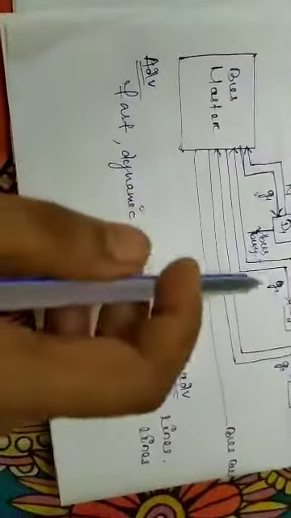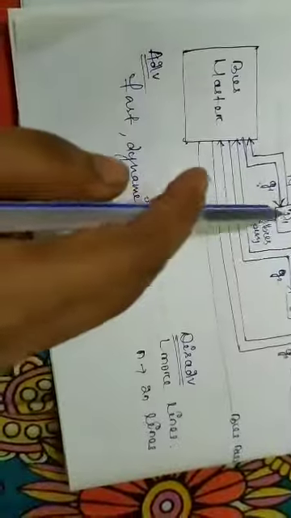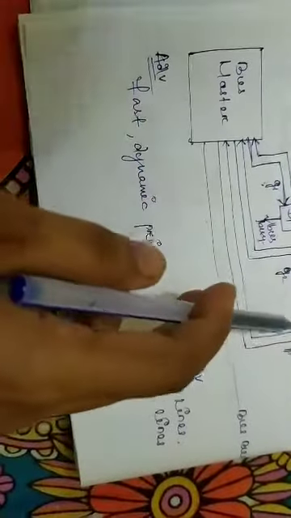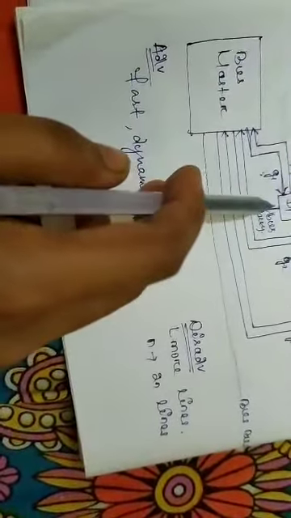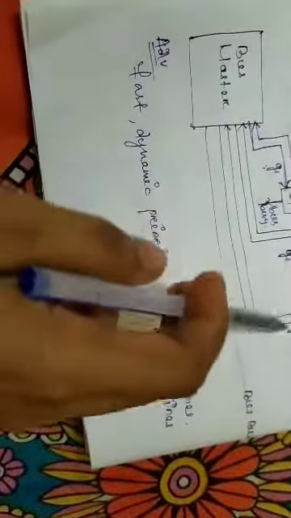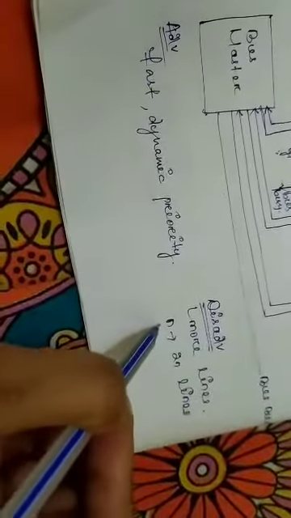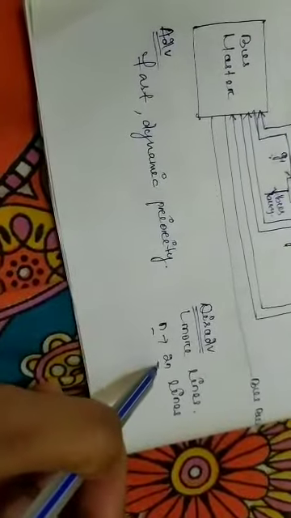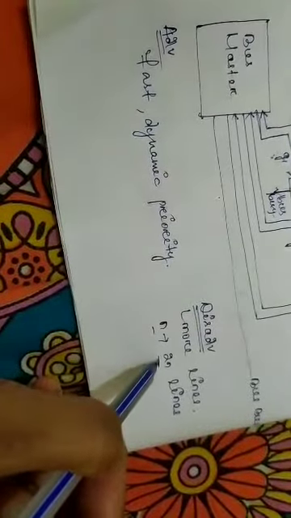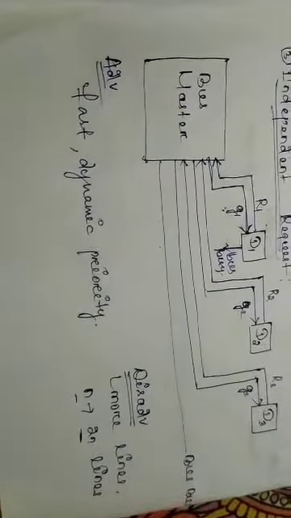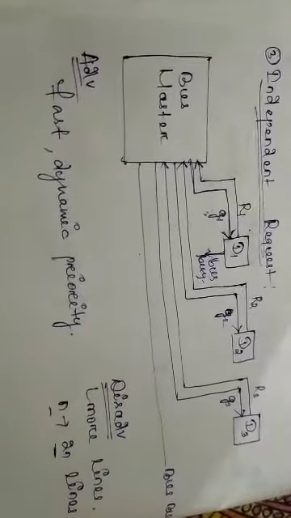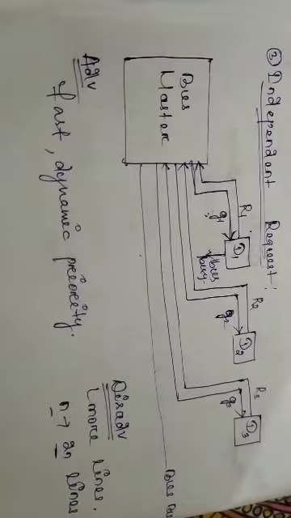And then more lines, that means here as you can see, for 3 devices there are 6 extra lines. So for n devices there will be 2n extra lines. So those are the disadvantages of independent request. Okay, and this is all about your bus arbitration.